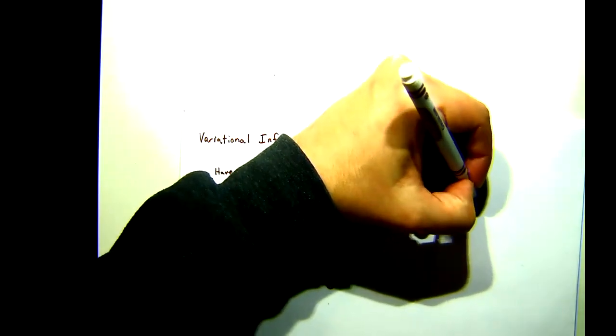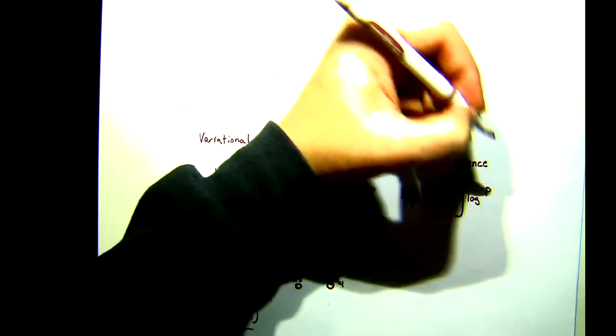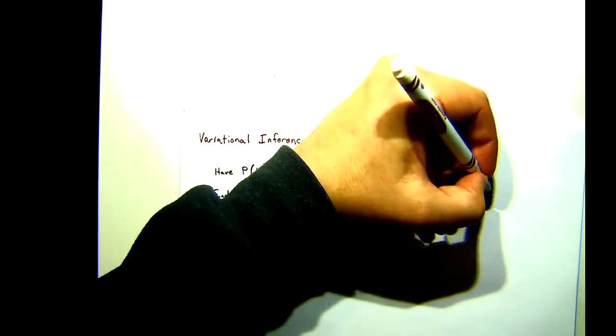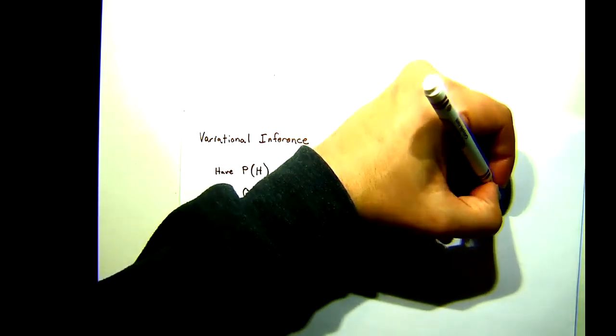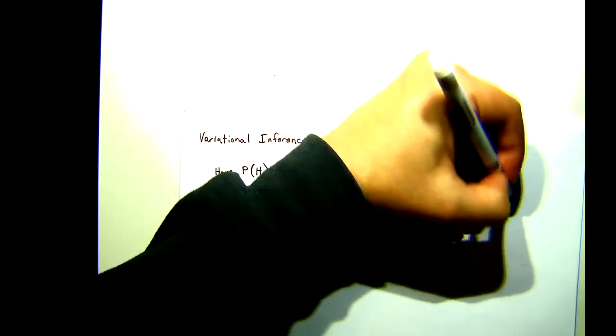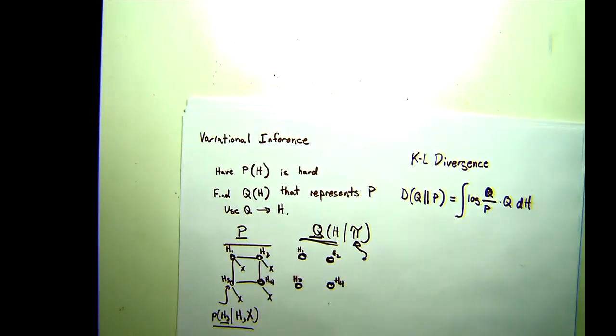the log of the probability, it's Q on top, P, times Q dH. So before you copy that down, let me rewrite that with the hidden variables in there. This is the same exact thing. I'm just going to put the labels so you know which variables we're talking about.